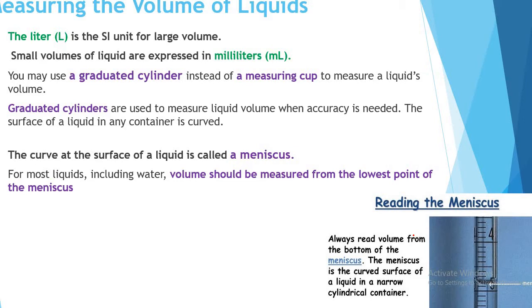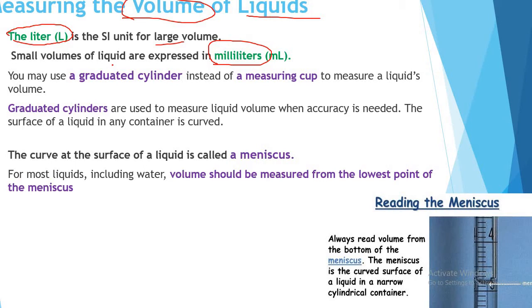How to measure the volume of liquids? We use liter as the SI unit, or the unit used to measure large volume. So what about small volume? We use milliliters to measure small volume of liquid.